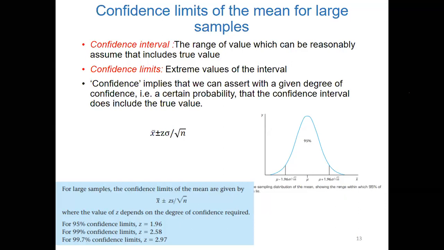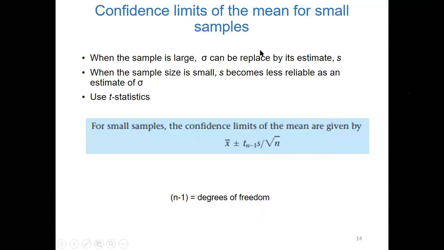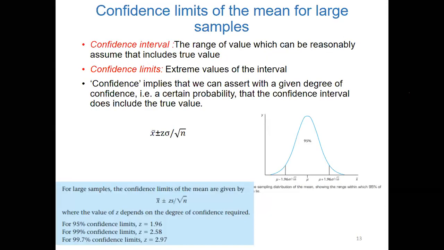You will get a clear idea when we discuss an example also. Okay, so we discussed the confidence limit for large sample. This is for large sample. So large sample is similar to the population, right?